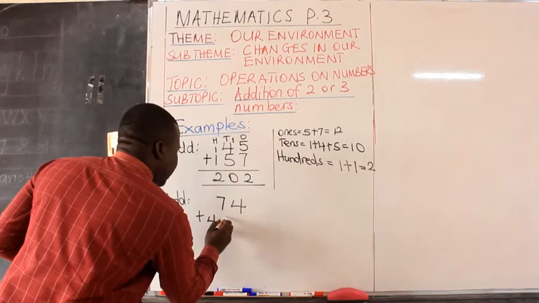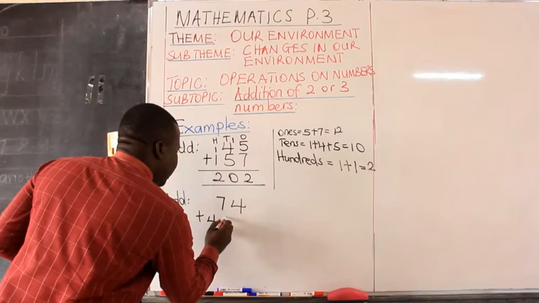We are going to add the number of pupils that were in the school last year. So last year there were 637 pupils. And this year more pupils have joined the school. So plus 125 more pupils.